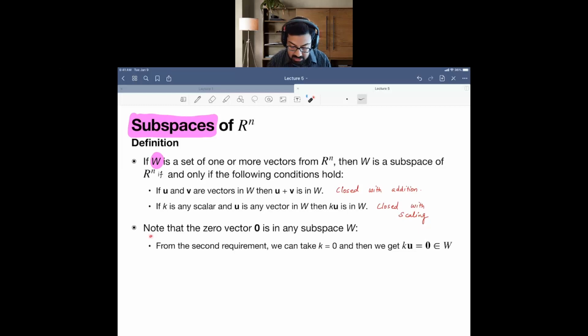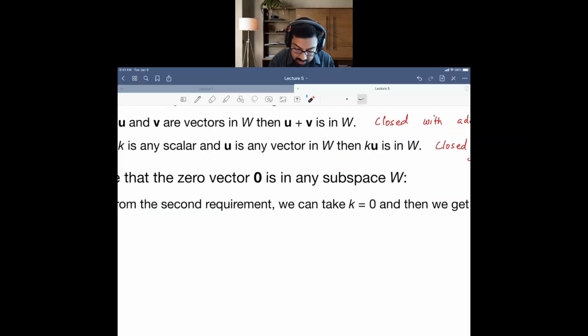Now note that the zero vector, a vector which has all zeros in R to the n, is going to be in any subspace, right? So this 0 is going to belong to any subspace W, because if you check this second condition over here, if you take that k to be a 0, you've got 0 times U. If that is a 0 and we wanted this times U, what are you going to get? It is also going to give you a 0 vector, right?